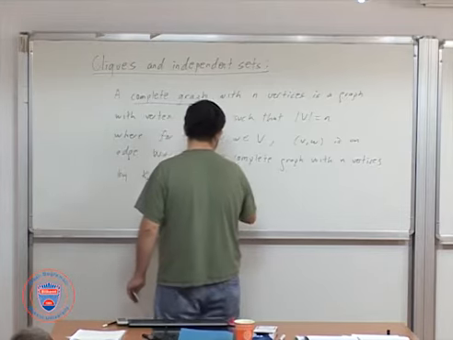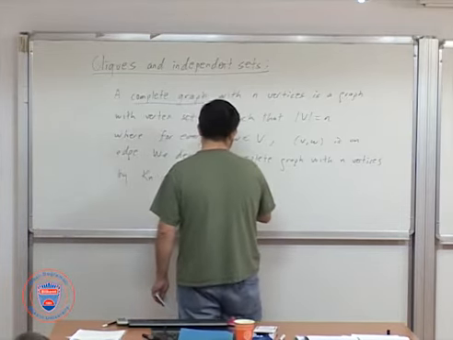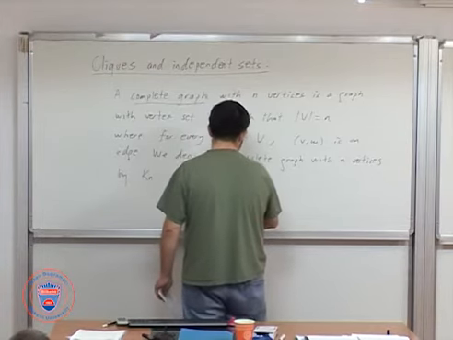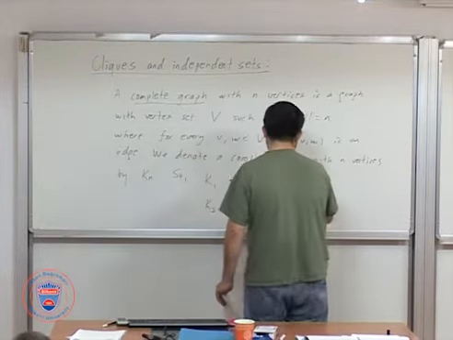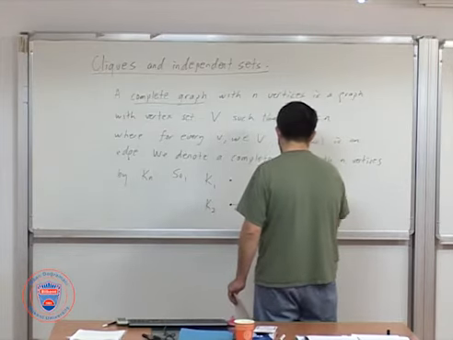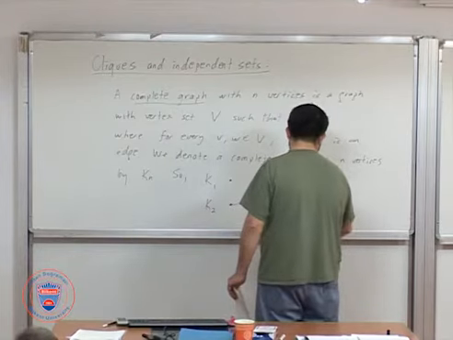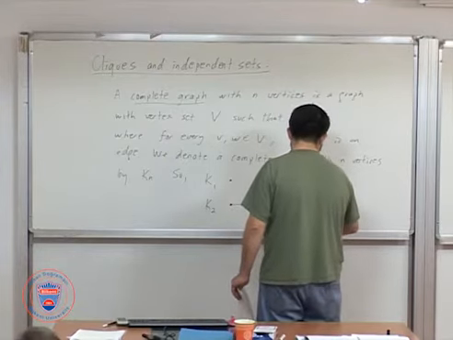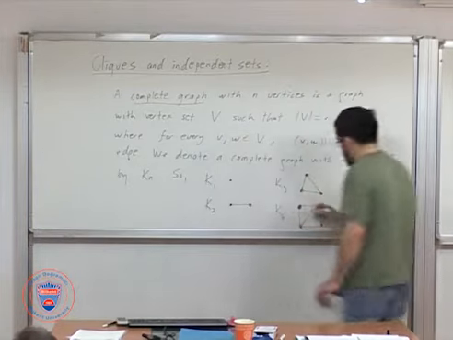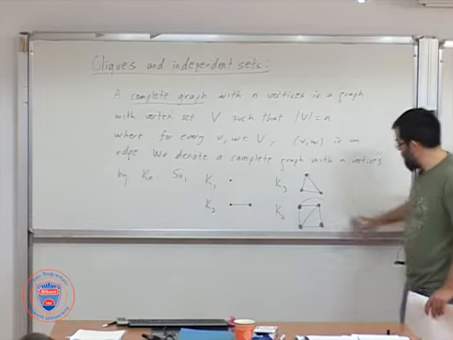So you can draw these pictures, basically. K1 is just a point, but K2 is just like this. K3 is a triangle. K4 is, you can sort of see how it is. And there's no harm drawing these lines here, but you can also draw it like that.